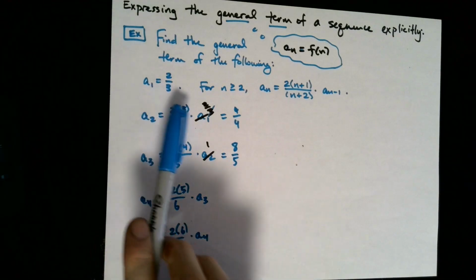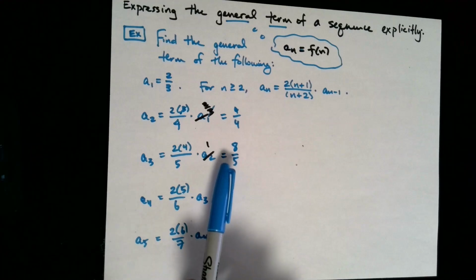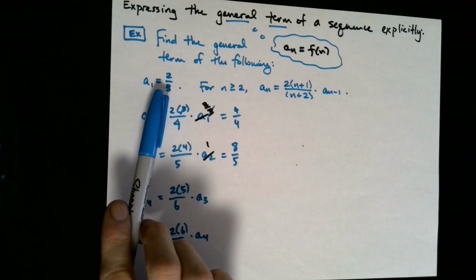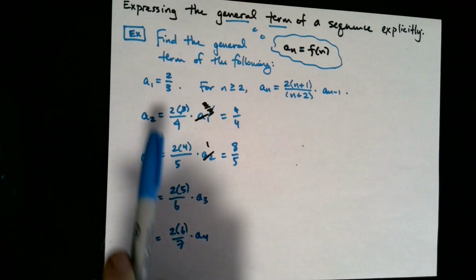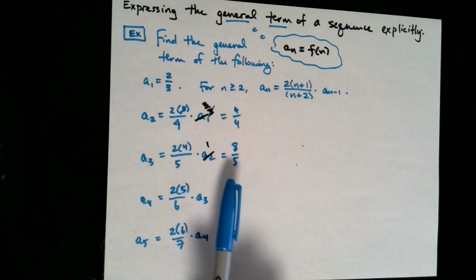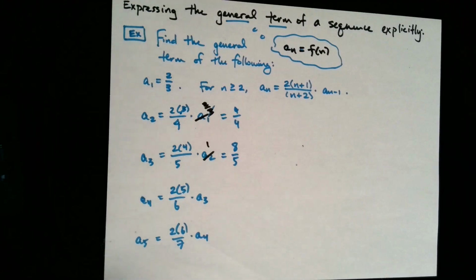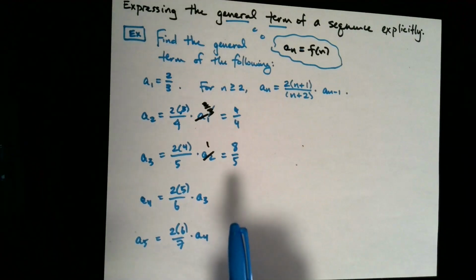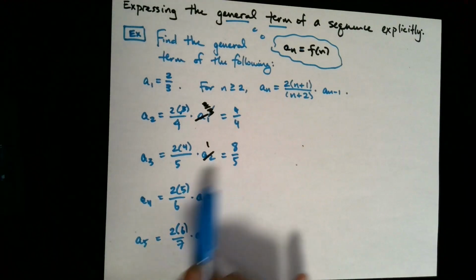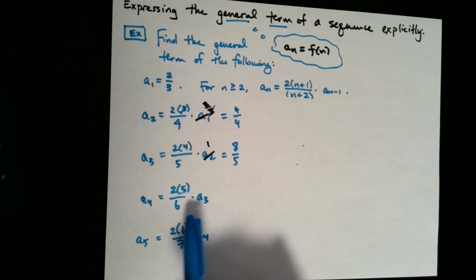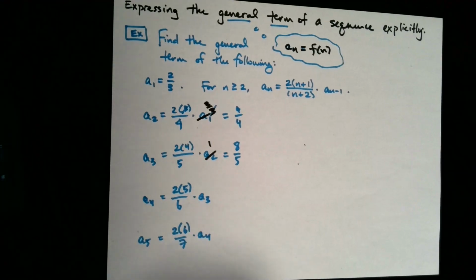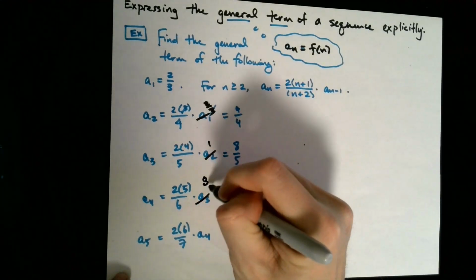If you start to look at the terms that are appearing in our sequence, you might already be able to notice a pattern. Note, the numerators go from 2 to 4 to 8. You might speculate what the next numerator is going to be. The denominators go 3 to 4 to 5. Again, you could speculate what the next denominator is going to be. To validate if this speculation is going to hold, we need to find what the next number is, namely a4. You can find the fourth number in the sequence by taking this fraction times the third number in the sequence, which is 8/5.